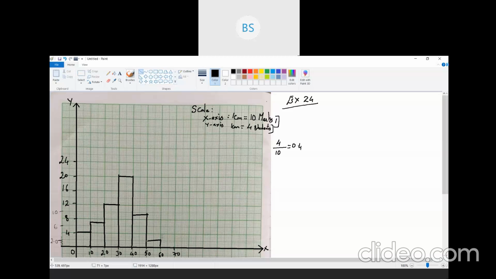Okay. Now, the first one they had given, we saw that the class intervals given are continuous. Now, as we can see in question number 3, the class intervals are not continuous. So, what do we do when the class intervals are not continuous?